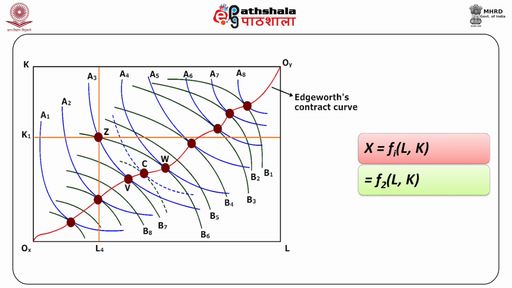Now, we have a set of points. Each of these points is given as a dark spot.